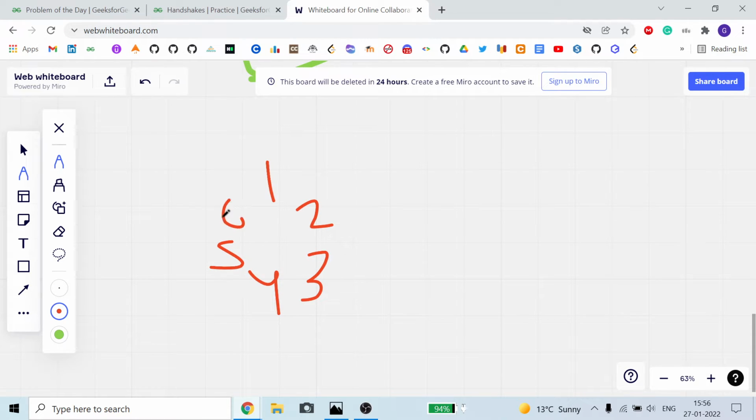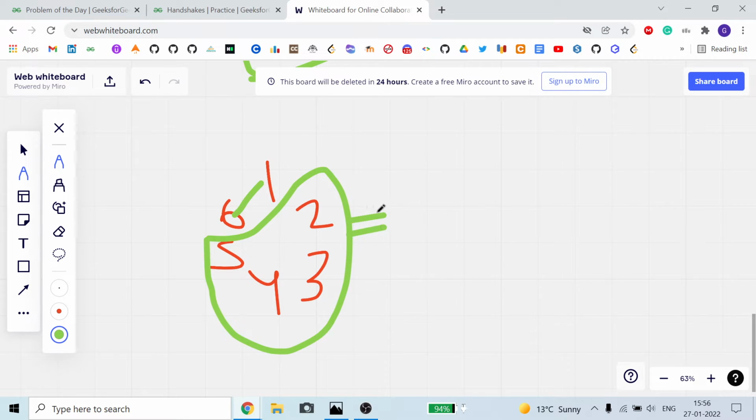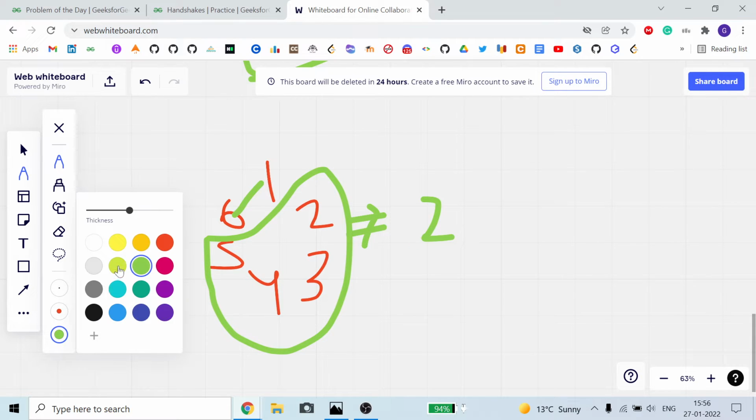Now the last one is left out. What about 1 and 6? If 1 and 6 are connected, then again these four numbers are left out. And how many ways these four numbers can do handshake is 2. Okay, why is it equal to 2? I am explaining to you. If you are curious to know, same color I took.